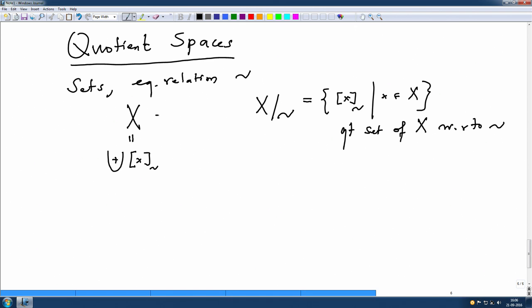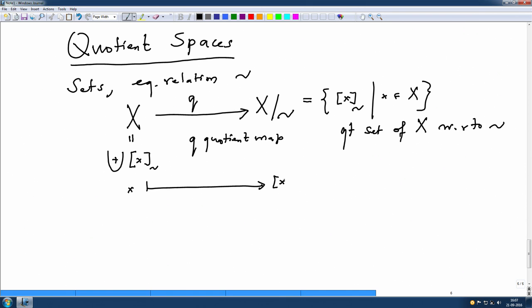And we also have a natural map here, Q. Q is a quotient map. Any element X will go to its equivalence class. Of course, many of them will go to the same equivalence class. So the fibers of this map are precisely the equivalence classes, and this map is surjective.